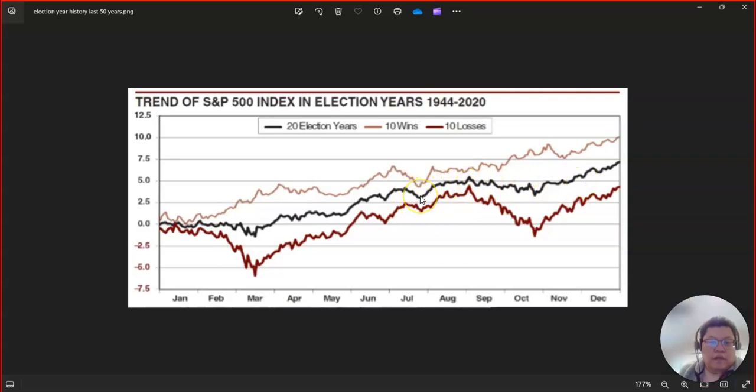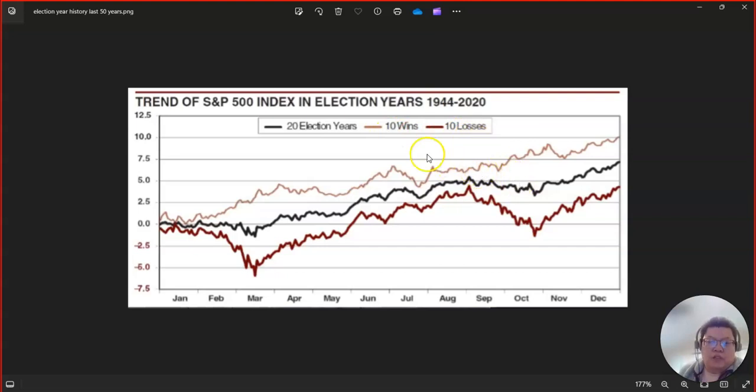Then it has a dip in mid-July, and then we have another dip from September to October. I don't know what the 10 losses and 10 wins mean. Someone said it may be related to whether the existing party wins the election.